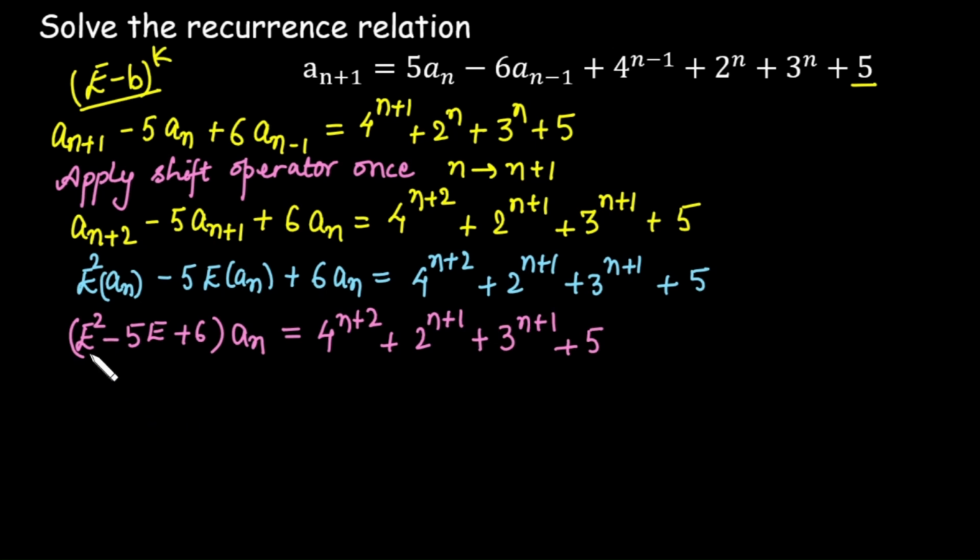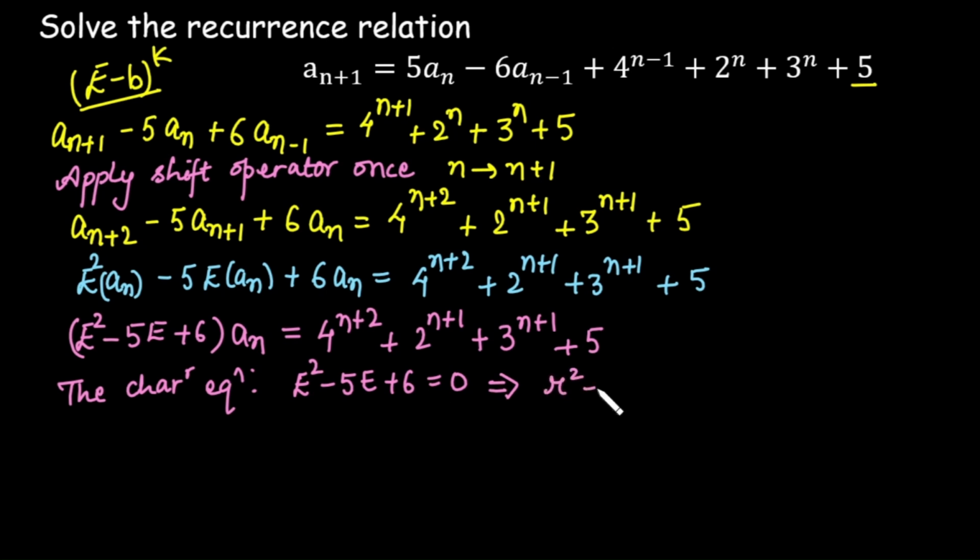Now from here we can find the characteristic equation. The characteristic equation is that E square minus 5E plus 6 is equal to 0. Or in form of r we can write this as r square minus 5r plus 6 is equal to 0.